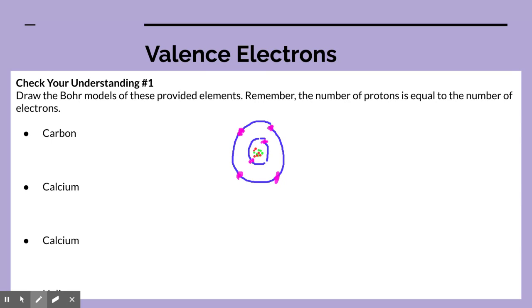So let's take a look at calcium. Calcium's a little bit busier. Calcium has 20 protons, and I know that because calcium has an atomic number of 20. So 1, 2, 3, and so on up to 20.